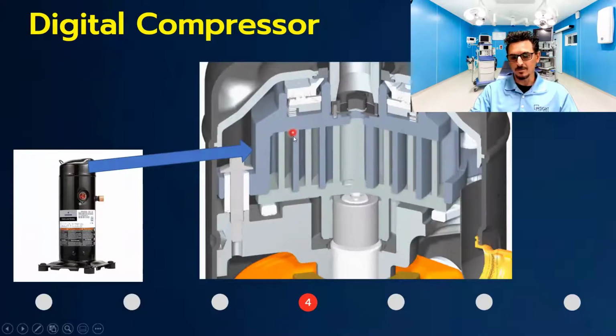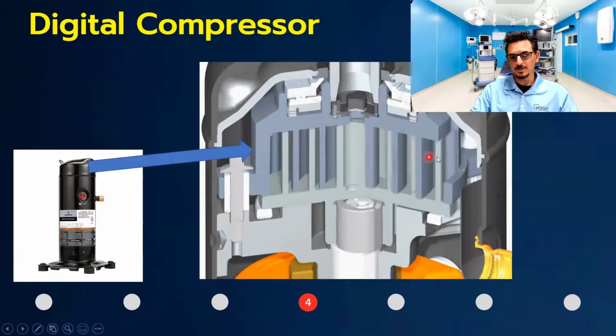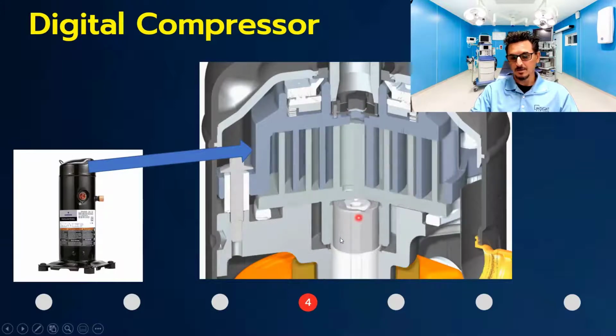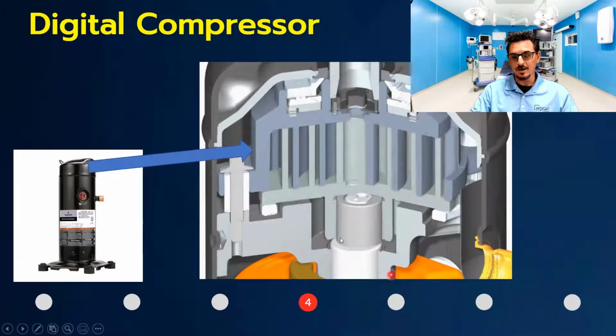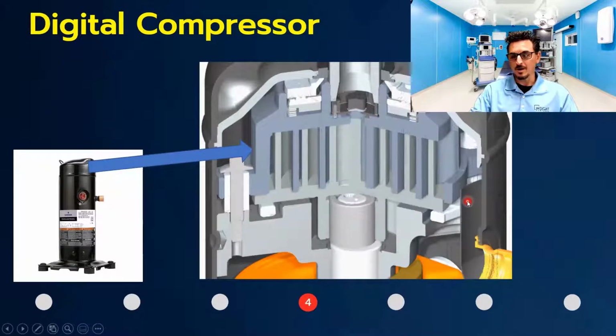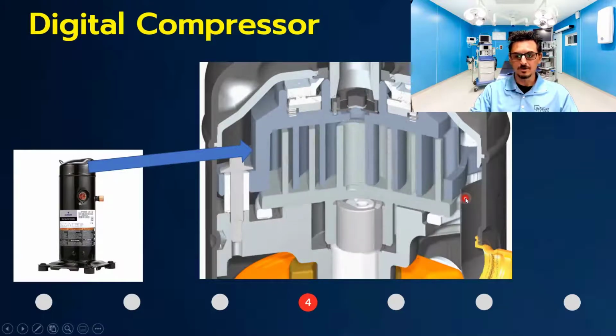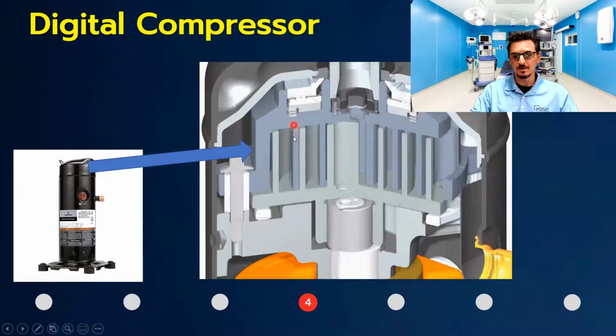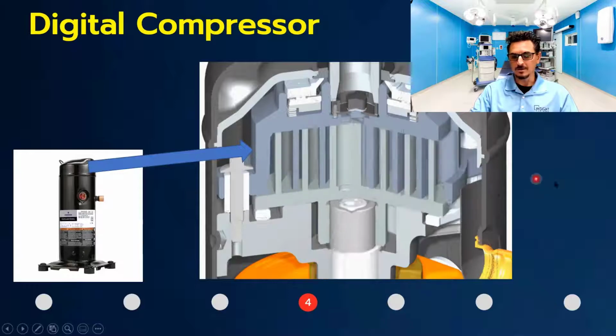It's only compressing when the plate is down. Okay, so this is how we modulate the capacity in a digital compressor. Important thing to note is the motor never changes the speed at all. So when it's pumping, it's always pumping full motor speed, full RPM. So it's engaged, disengaged, engaged, disengaged, etc.